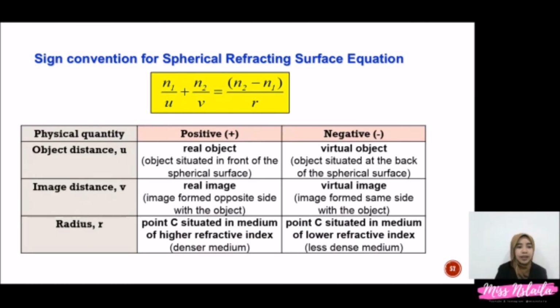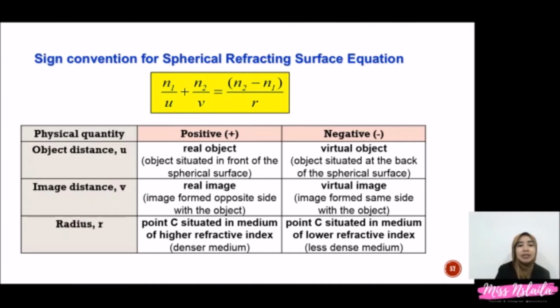So look at the object distance. If the object is placed in front of the spherical surface, it is a real object, so the sign is positive. If the object is placed at the back of the spherical surface, it is a virtual object, so it is negative.